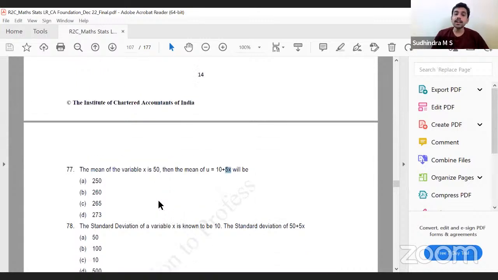Next one. Standard deviation of a variable x is known to be 10. Standard deviation of 50 plus 5x? 50. Yes.